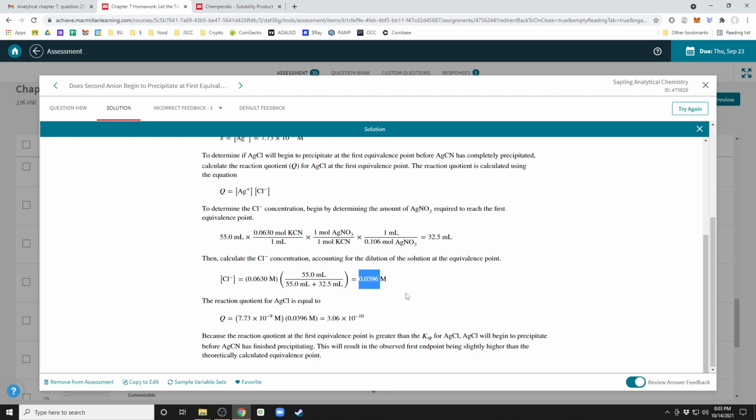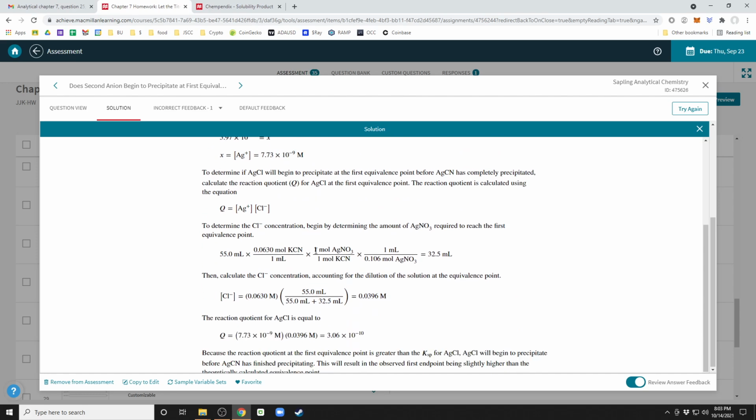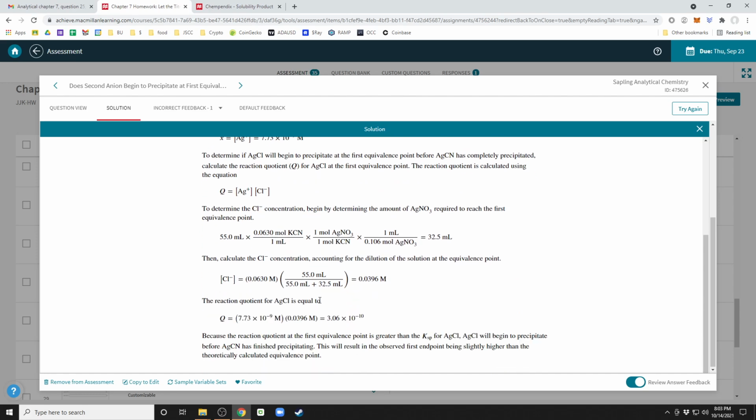So now we're seeing, are these values going to be greater than or less than or equal to our KSP? So we take our silver concentration, which we actually just figured out. That's that right there. So we would have had to figure that out no matter what.